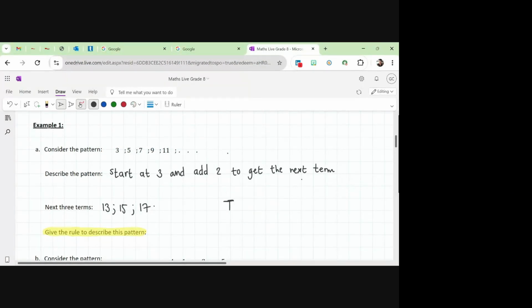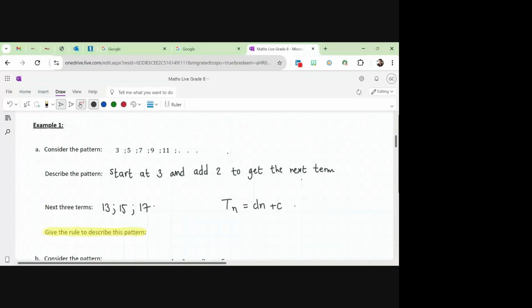Oh, and I need my pen to cooperate. TN. All right, and then we're going to say that TN must equal dn plus c. Now, we are going to have to talk about what all this crazy stuff actually means. Sorry, my T is bothering me. All right, so let's start by looking at our pattern.